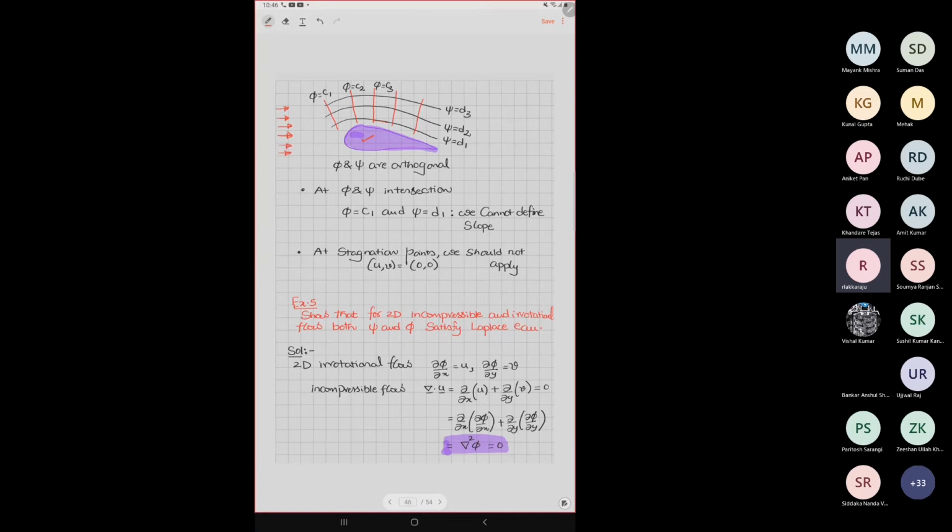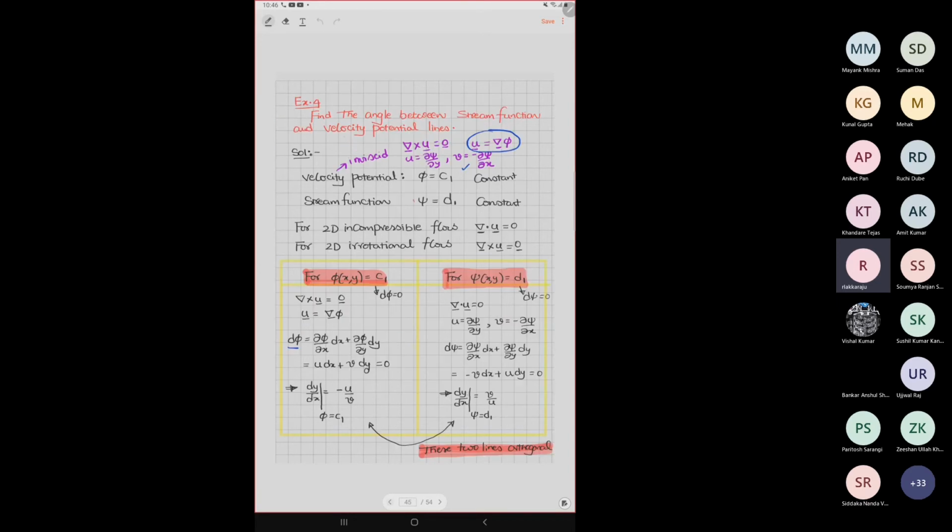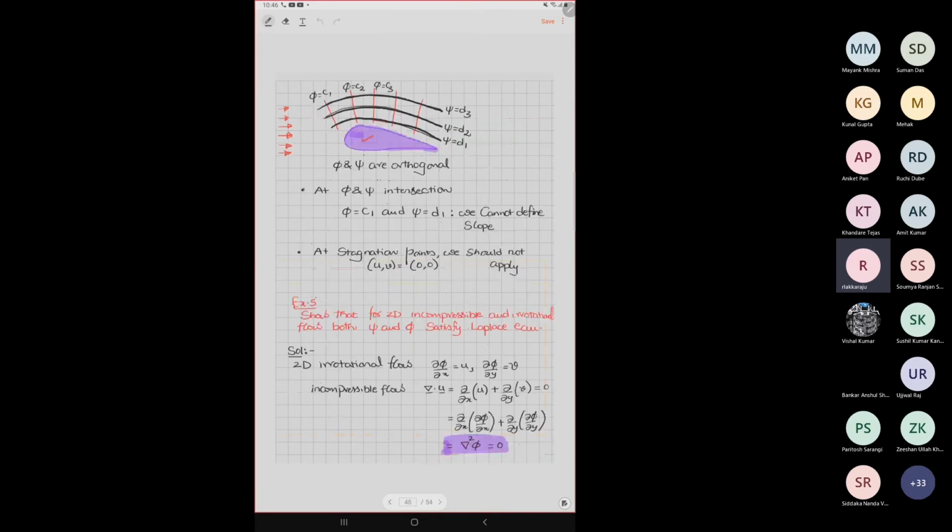The line which goes on this black line may be psi is equal to constant streamline, whose slope dy by dx is equal to v by u. And there is another set of lines named velocity potential lines, the red lines, where phi is equal to constant, and they will be orthogonal to each other.